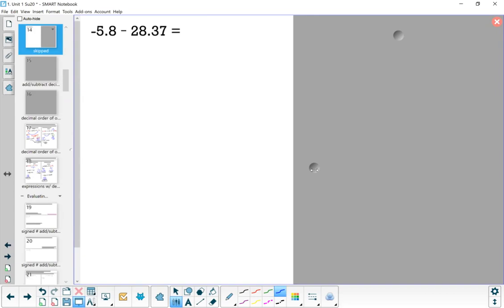First off, anytime you have a subtraction problem, it can be rewritten as addition. So the way you would do that here is you would write negative 5.8 plus, and then parentheses, negative 28.37.